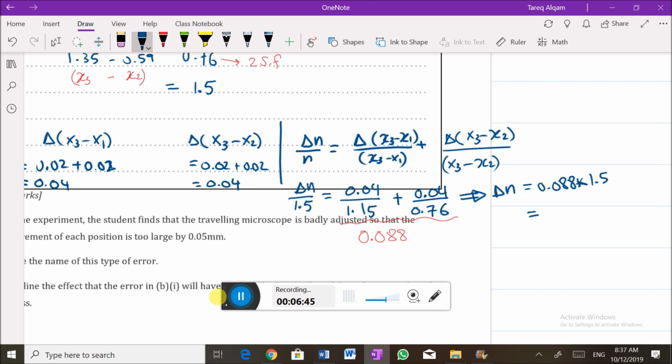So here we will get 0.1. So n eventually equals 1.5 plus or minus 0.1. Again, guys, here one decimal place, one significant figure, right? This is actually the condition, or these are the conditions for writing the uncertainty.